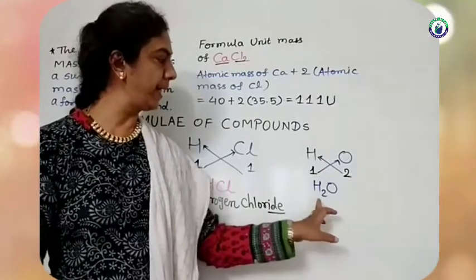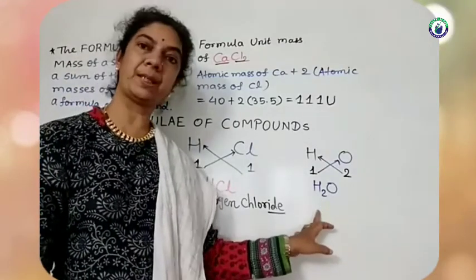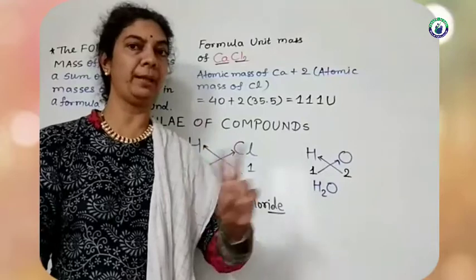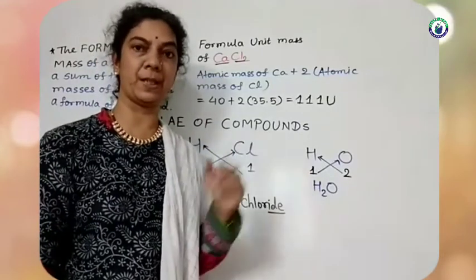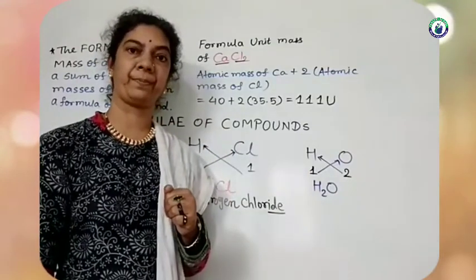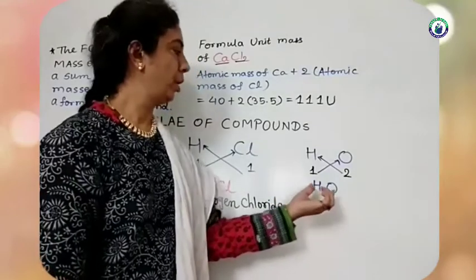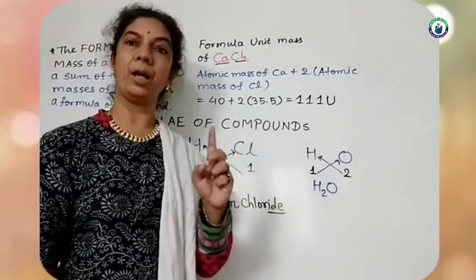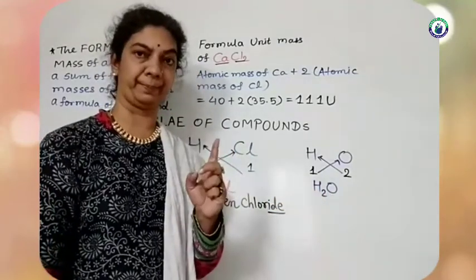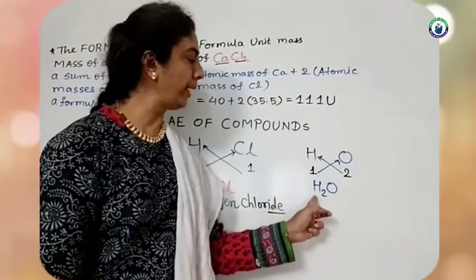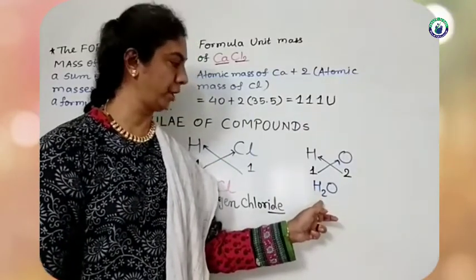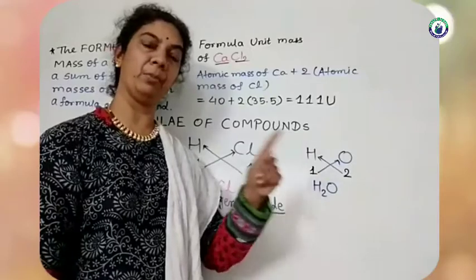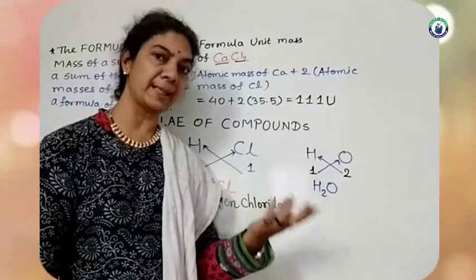From this we can know that two elements, hydrogen and oxygen, are present. Besides that, to make one molecule of water, two atoms of hydrogen and one atom of oxygen are combining.